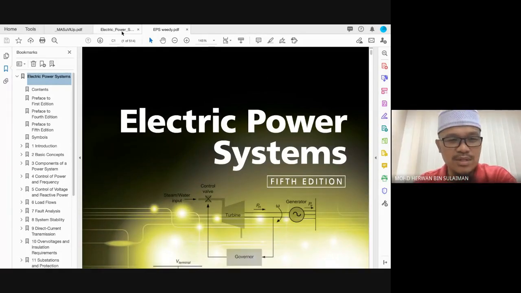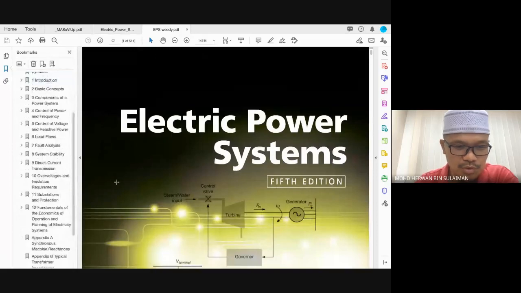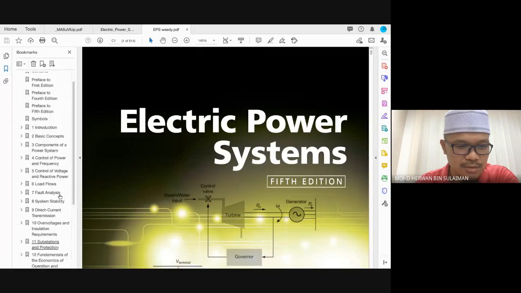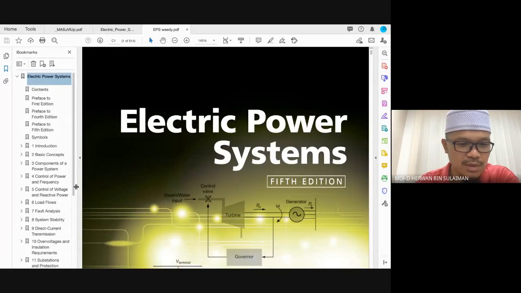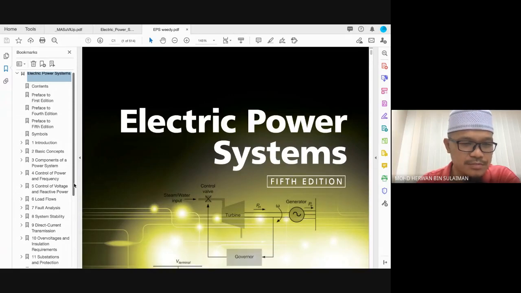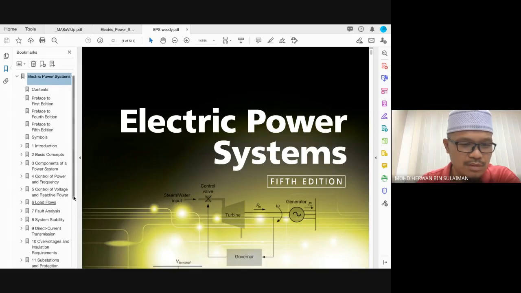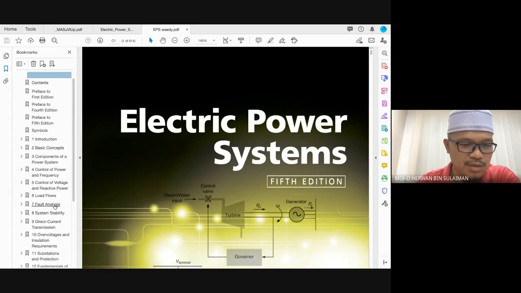So let's take a look at this example just now, right? Basically, this book contains a lot of topics that cover, I think, at least three courses. You have basic concepts, components of power system. This one is PSOC, these two. And then load flow is PSA. Fault analysis is PSA.